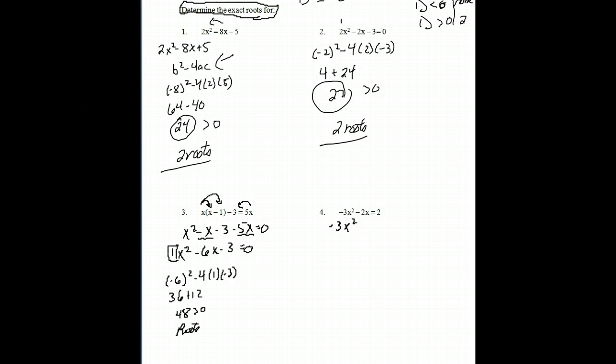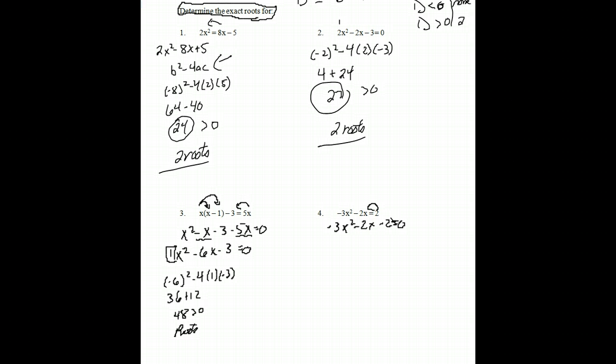And on this one here, negative 3x squared minus 2x, bring the 2 over, minus 2 equals 0. Now completing this part, b squared, negative 2 squared, subtract 4 times a, times c. Oops, c is negative 2. We fix that.